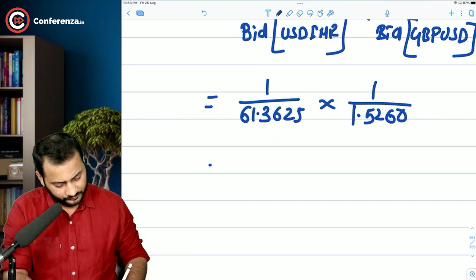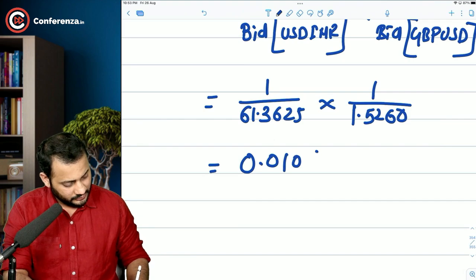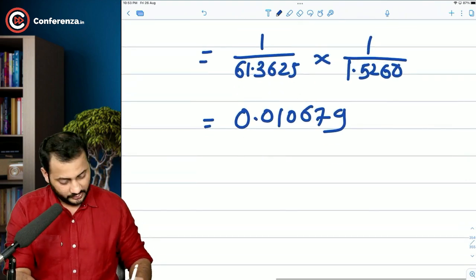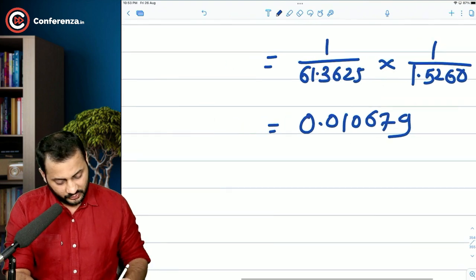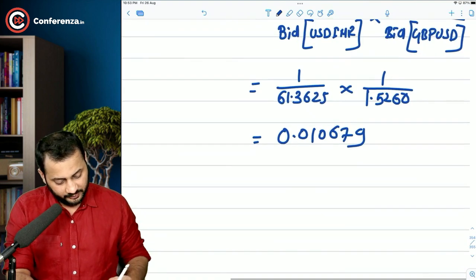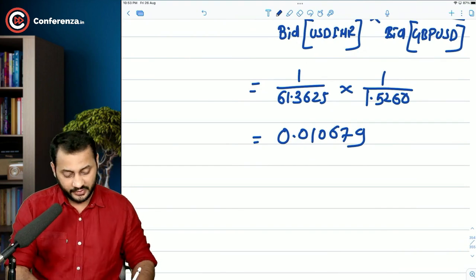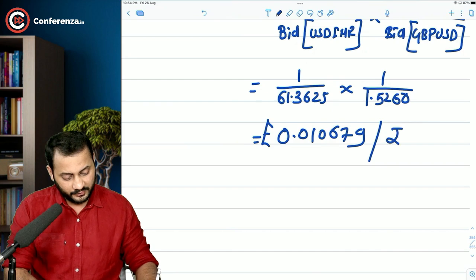It comes to 0.010679. So this is GBP per INR. This much of the GBP you will have to pay per INR.